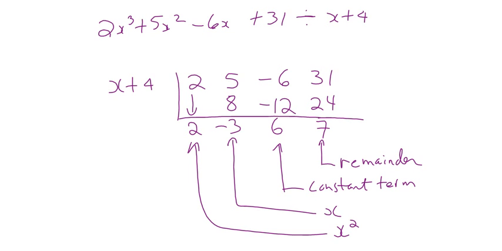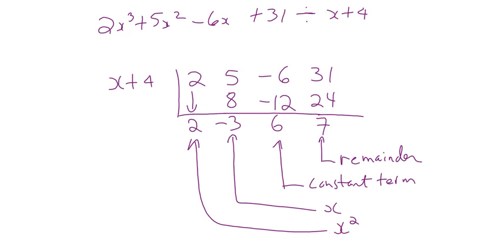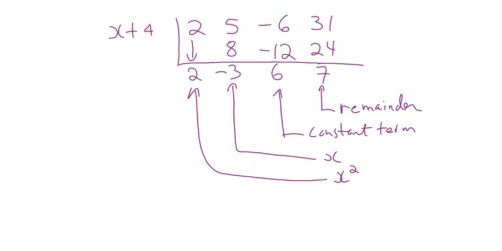So we have a remainder of 7, and the quotient then is, so how do we want to write this? P of x. Now, here's the original, right? The original is a constant, an x, x squared, x cubed. Need a placeholder for everything, right? So if you don't have an x squared, you'll put a 0 in there.